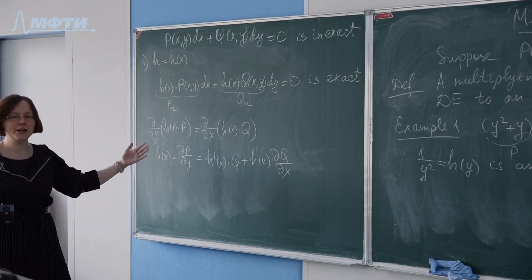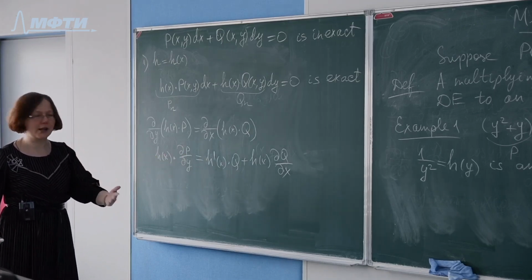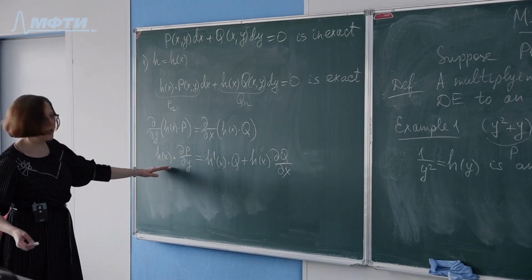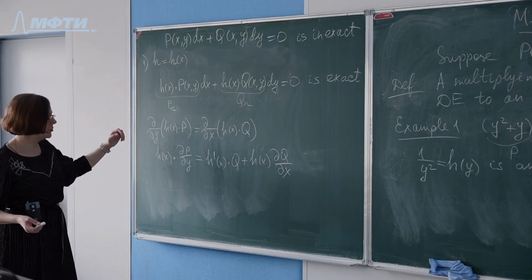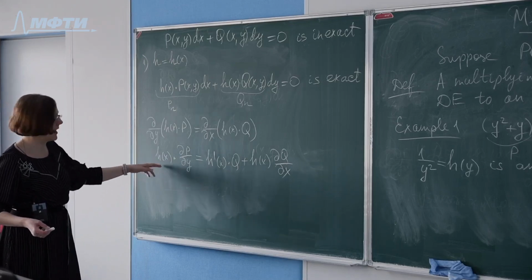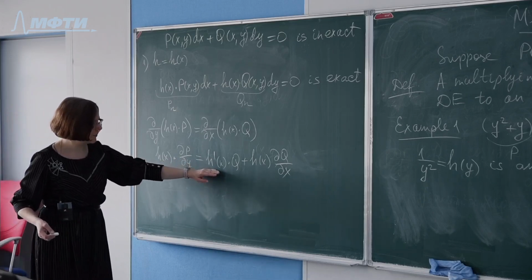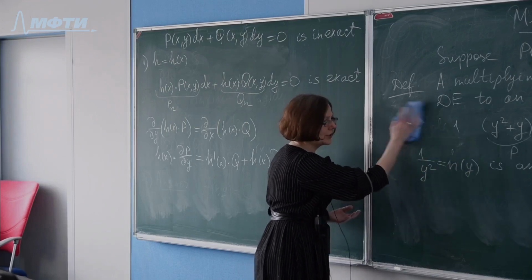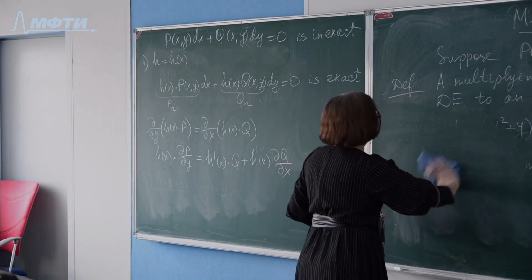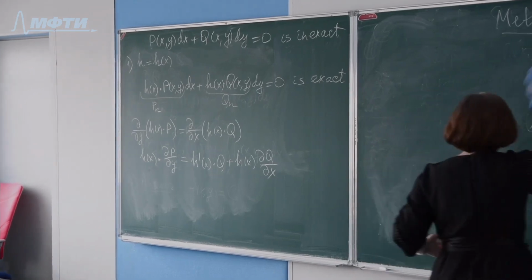This is a differential equation. P and Q are known functions. And now we have a differential equation which determines h. So h prime and h, this is a linear first-order differential equation from which we can find h. Let's show how it can be done.